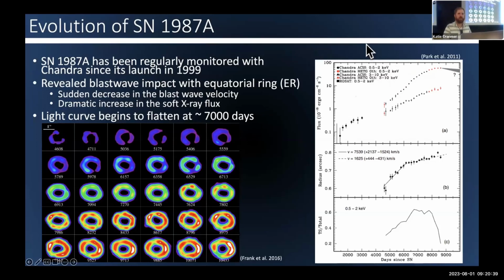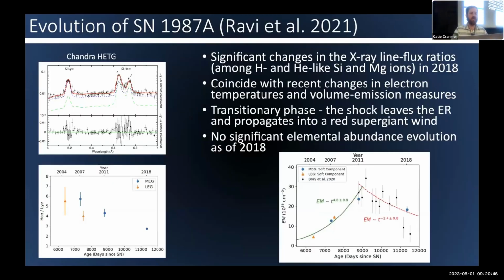And so it's possible that 87A is undergoing some sort of transformation, entering a new phase. Well, my PhD group member, Arvind Ravi, studied the HETG spectra and LETG spectra of 87A over time.